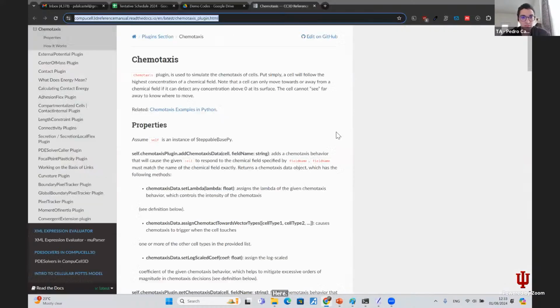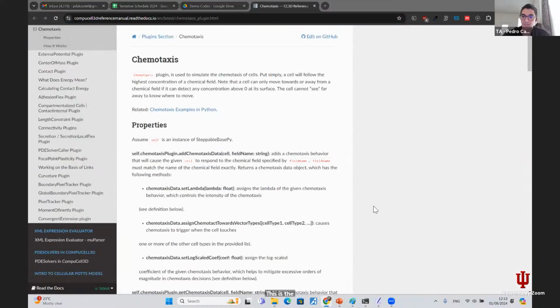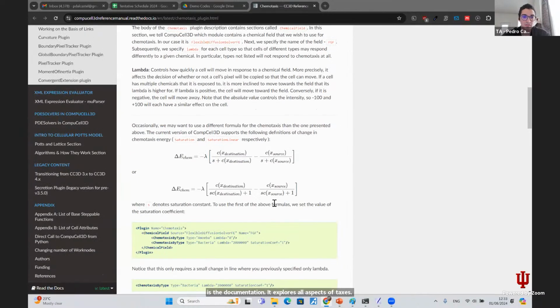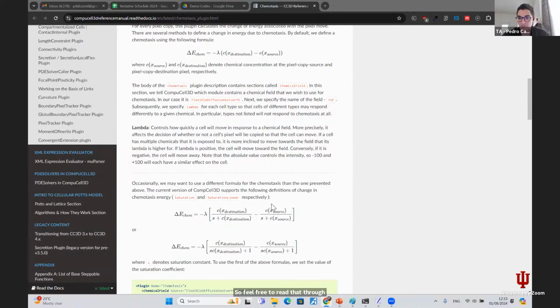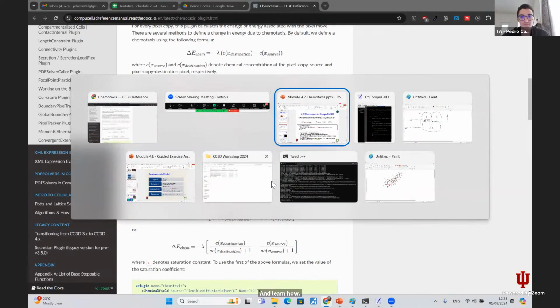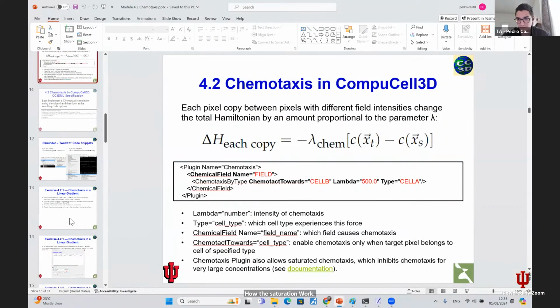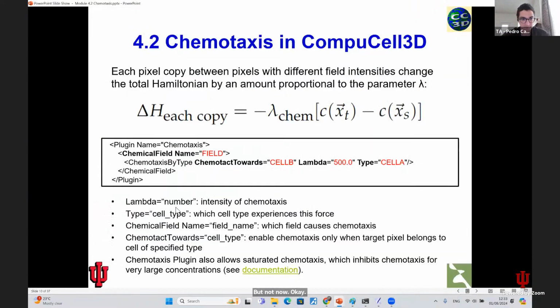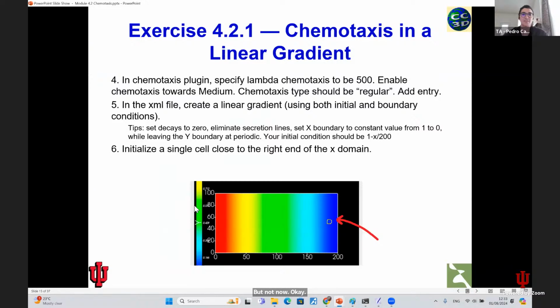It explores all aspects of chemotaxis. So feel free to read that through and learn how the saturation works. But not now, okay? Please pay attention to the lecture. Otherwise, later, you'll say, oh, I can't do the exercise because I was reading about saturation.